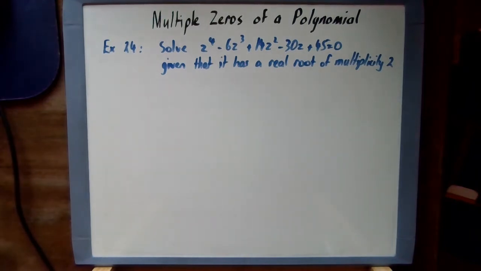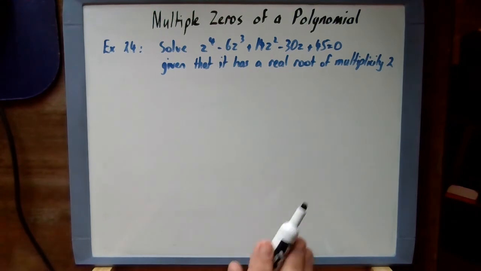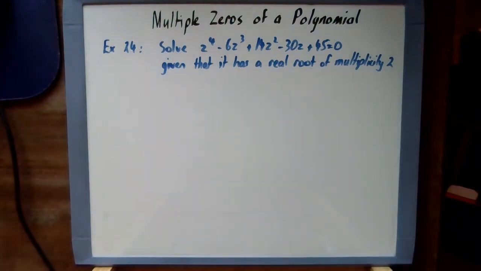Now, as well as that meaning that we therefore have something in the roots or the factors like (z minus a) squared, as in this case, because it's multiplicity 2, or (z minus a) cubed if it's multiplicity 3, and so on, it also means another very important thing, and that is that a root of multiplicity 2 is a root not just of the polynomial itself, but also its first derivative.